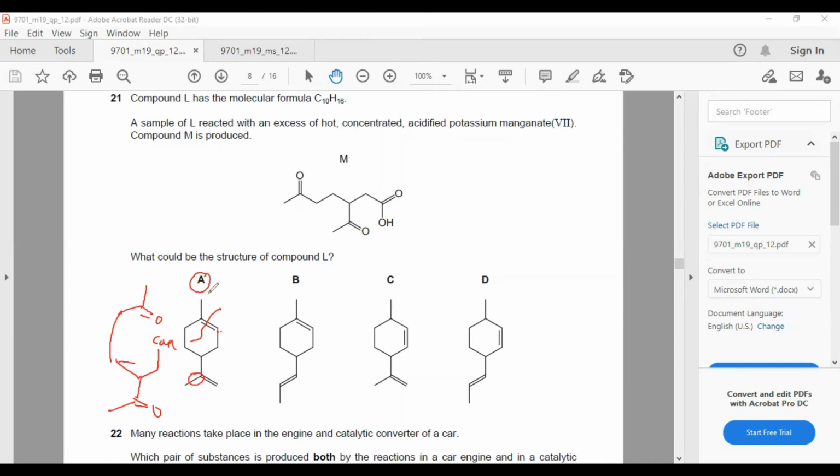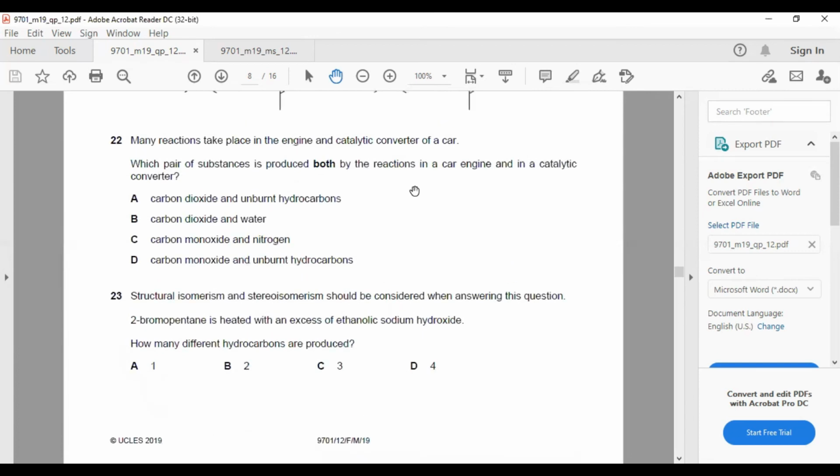Okay, so A is the answer. So revise your reaction of alkene with hot concentrated KMnO4.